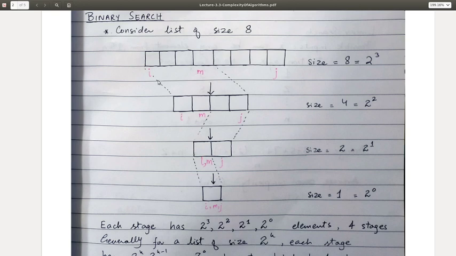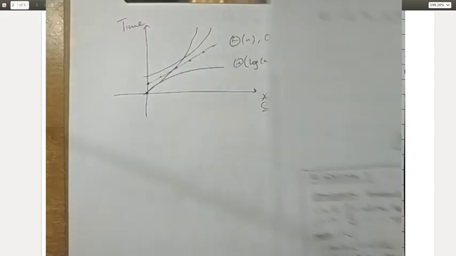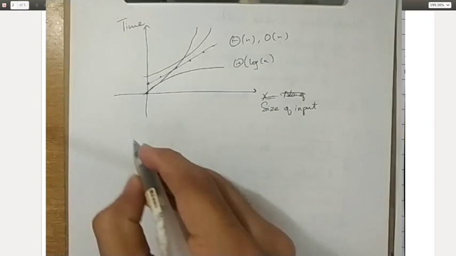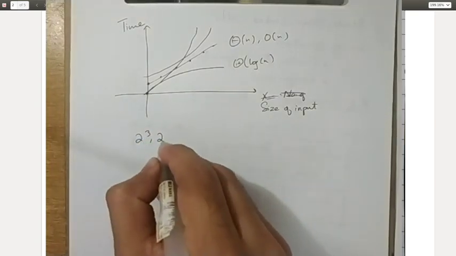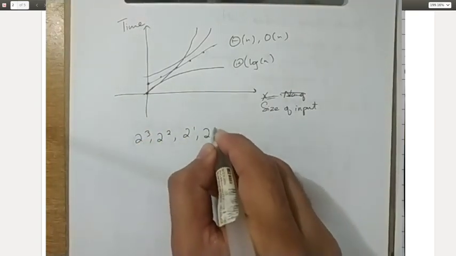And so now we can generalize this. What was happening, you had 2 to the 3, 2 to the 2, 2 to the 1 and 2 to the 0.